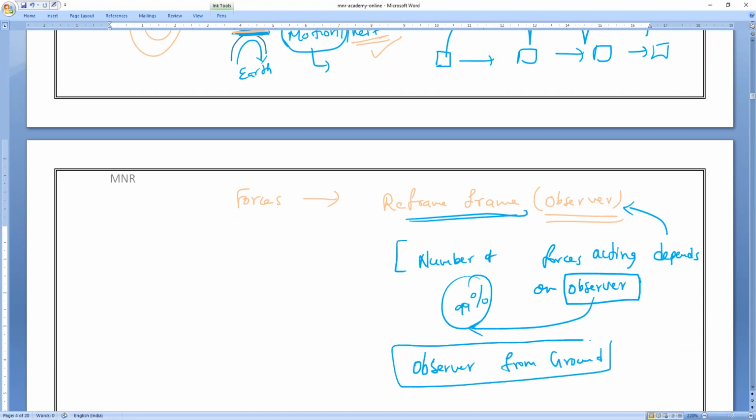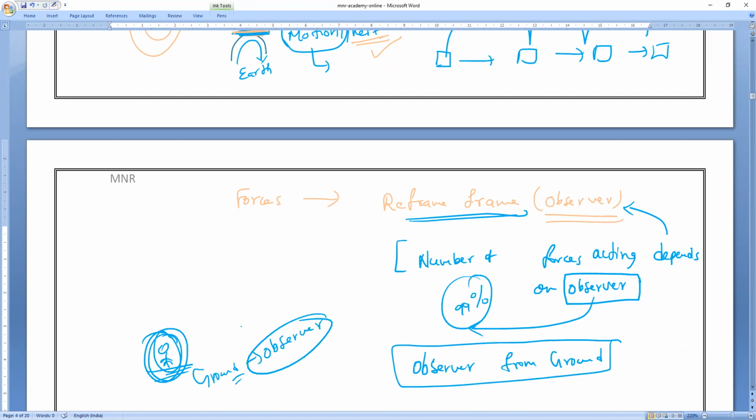Remember, before we solved some questions where one boy is standing outside and one boy is moving, and this is the ground. The boy who is observing us from the ground is your observer. So according to the observer's point of view, the types of forces acting on your body will change.